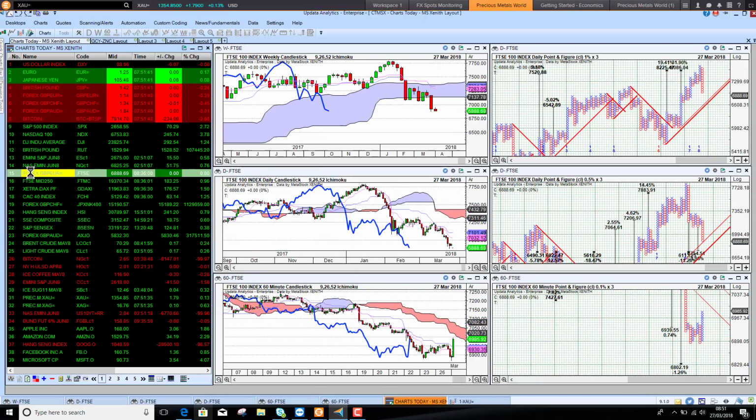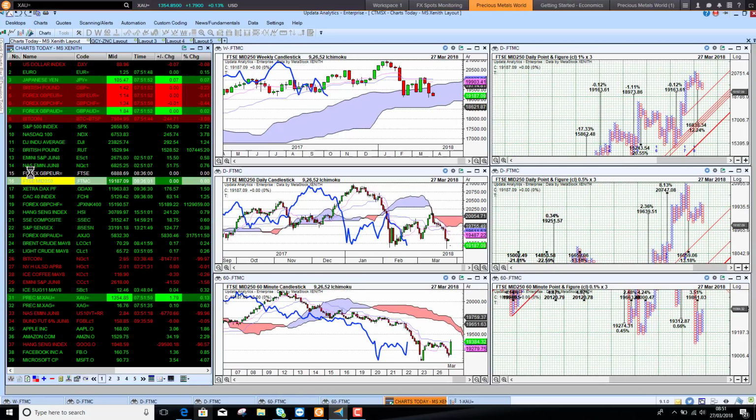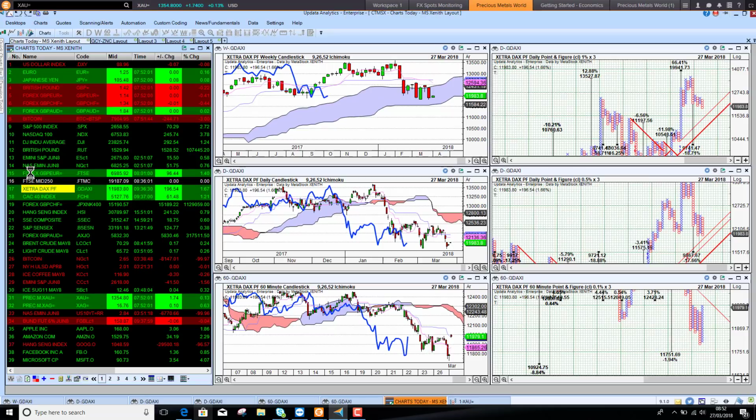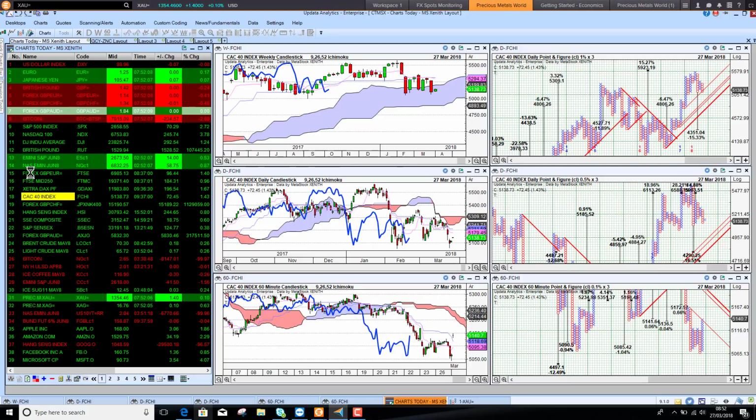The FTSE 100 is up this morning, but still well below that 7,000 level, so still bearish, but we're up quite strongly this morning. And the FTSE mid 250 also rising on those US moves overnight. The DAX is up as well as we'd expect, but bearish. And the CAC 40 in Paris is also recovering quite strongly this morning, but the charts are still bearish.